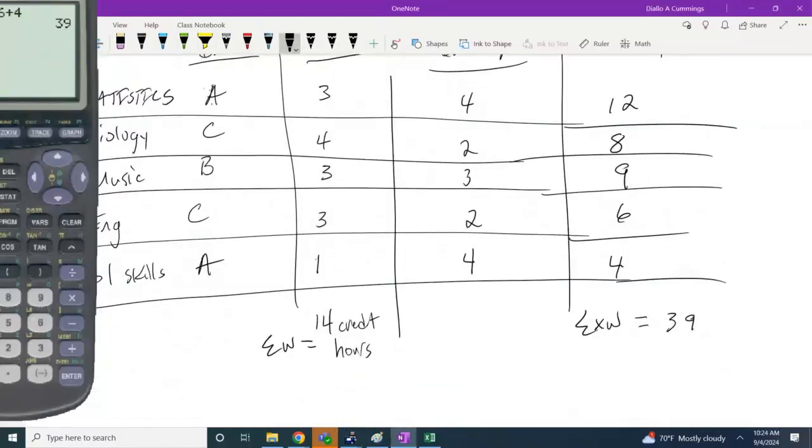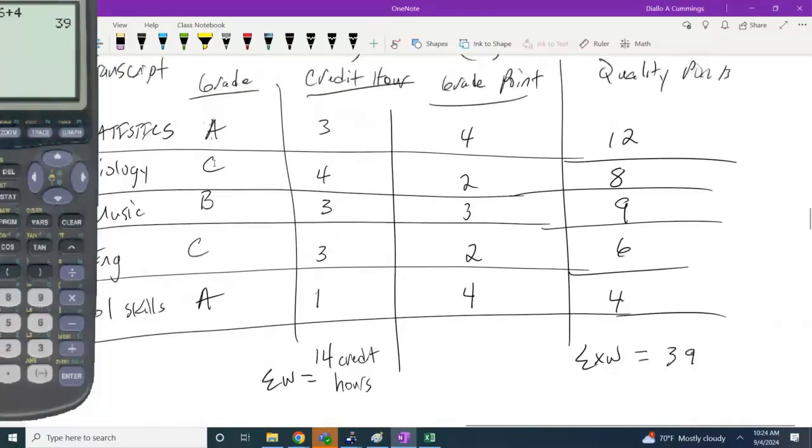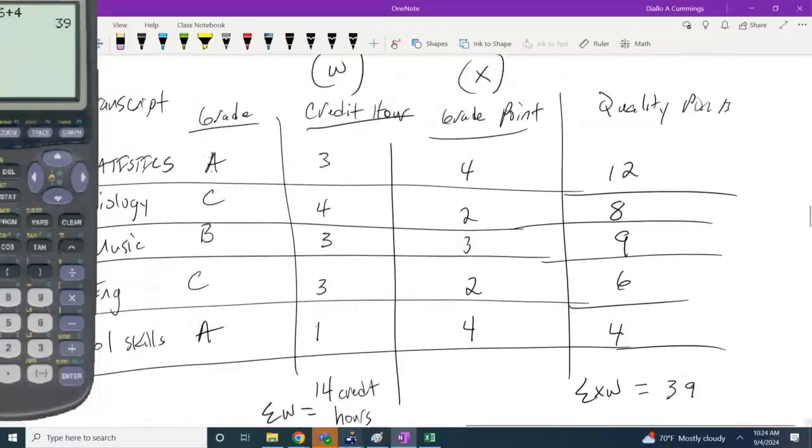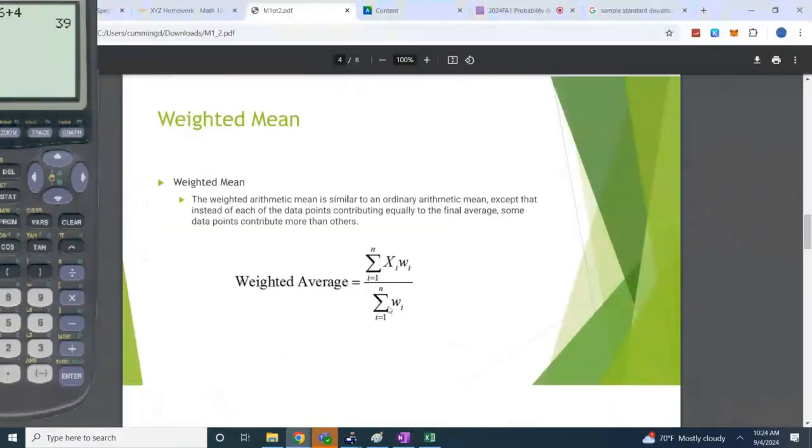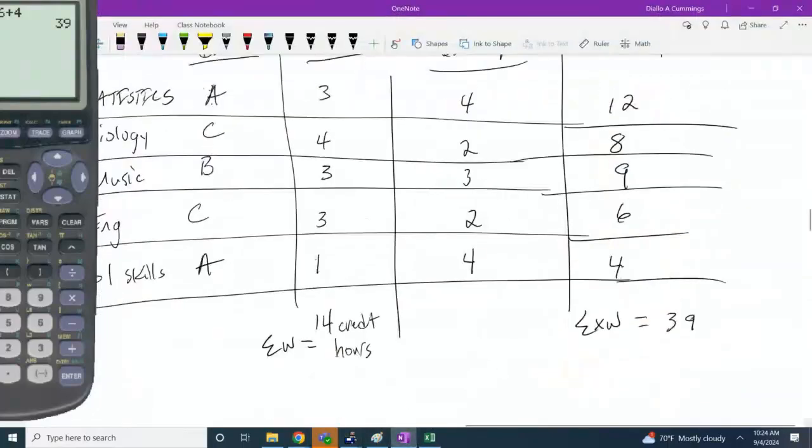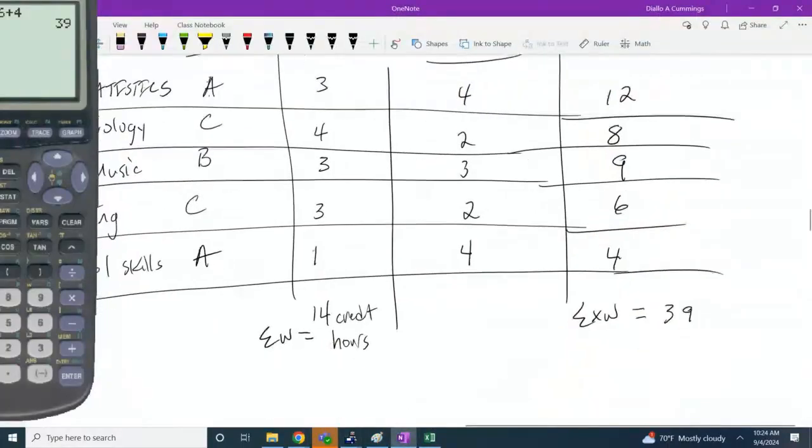The sigma sub W, we kind of did that earlier, right? So in the formula, my numerator, the summation of x sub i times w sub i, that's going to be the 39. The denominator is the summation of w sub i, so that's all of my credit hours, which is 14.